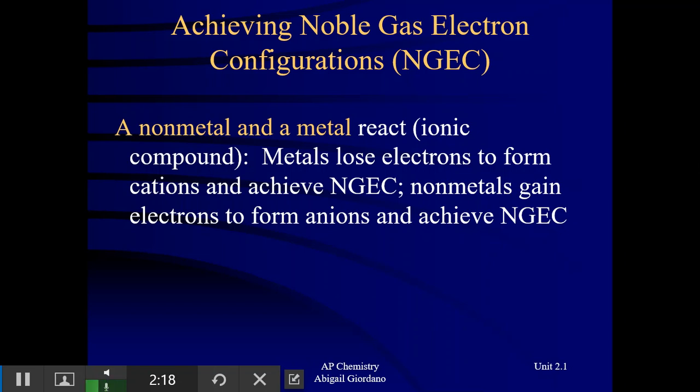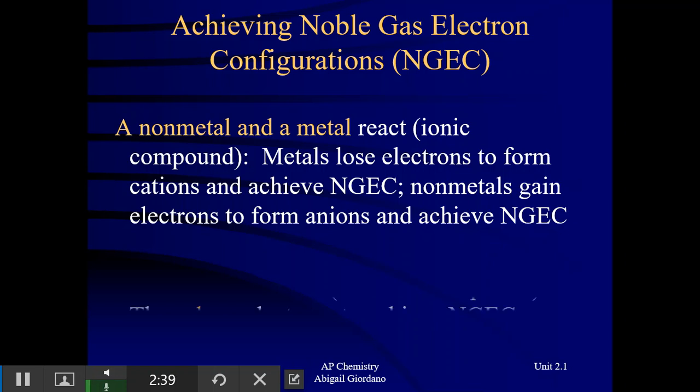Now, where do those electrons go? The nonmetals will gain those electrons to form negatively charged anions. So nonmetals gain electrons to achieve that stable octet. There is a transfer of electrons between metal and nonmetal.